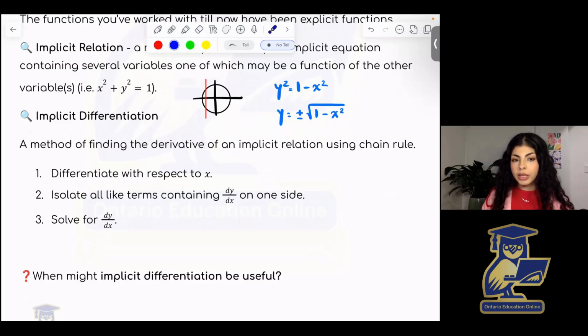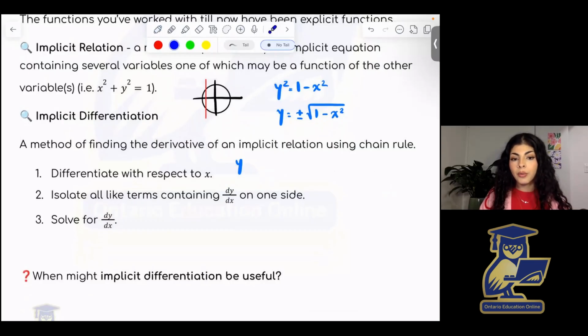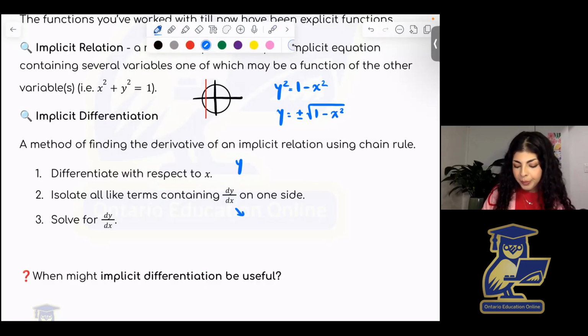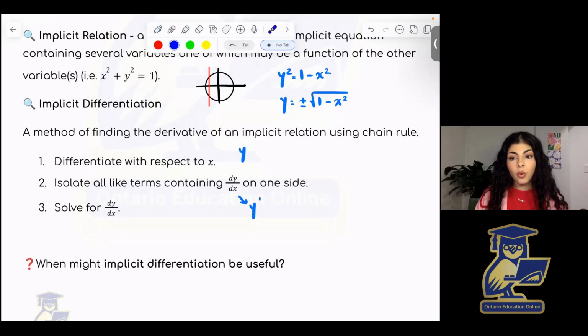When doing that, you definitely have one y somewhere in your function, so using the chain rule, you're going to end up with dy by dx somewhere in your differentiation. Then you isolate all those terms together and factor so you have just dy by dx on one side, because our goal is to isolate that term. Finally, we solve for dy by dx, or y prime, which is our goal to begin with.